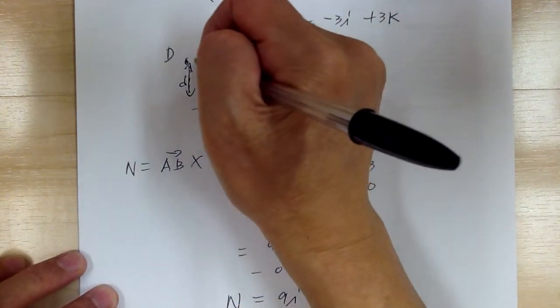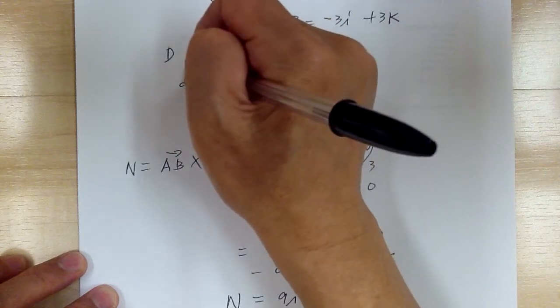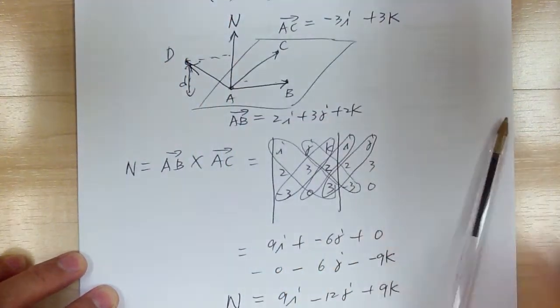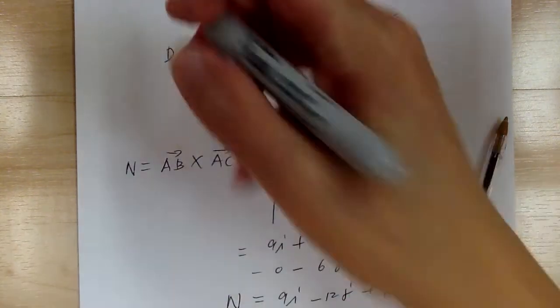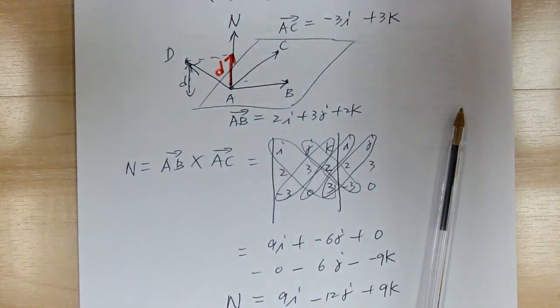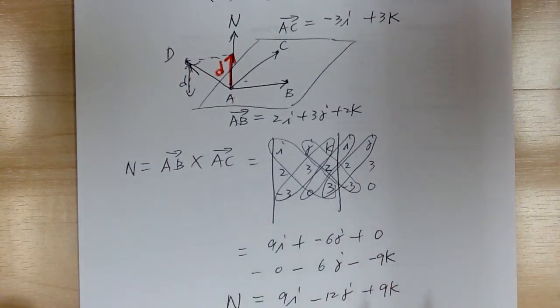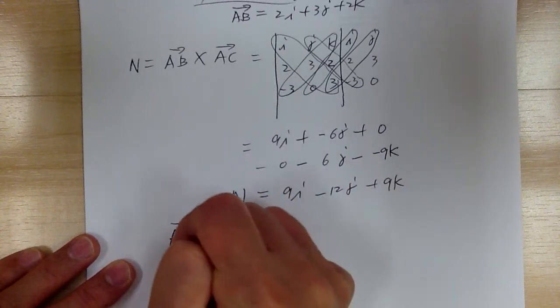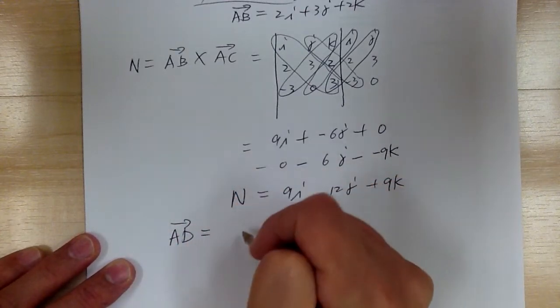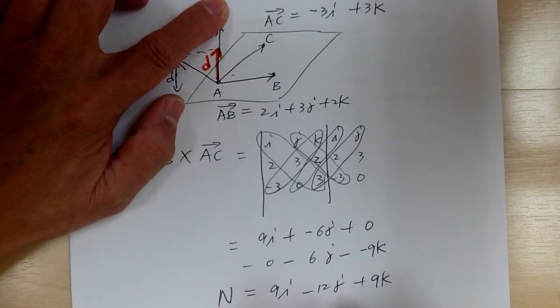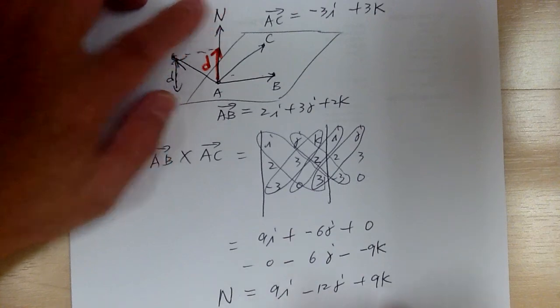Okay, so now to find the distance, what you need to do is the projection. When you're doing the projection, this would be your distance. So now you have to use the dot product. So AD is going to be equal to 3i, 5j, plus 5k.